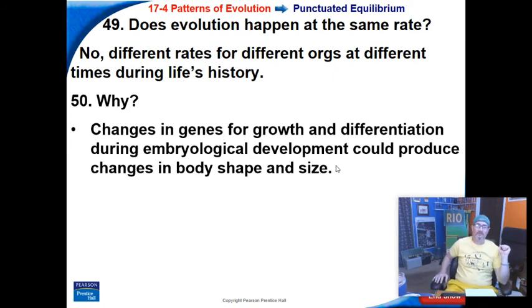So here's an example of why. So genes for growth and differentiation, which have like an on-off switch, are only active at certain times. So if these genes are used during embryological development, you could get changes in body shape and size just from the genes that are already in your DNA.